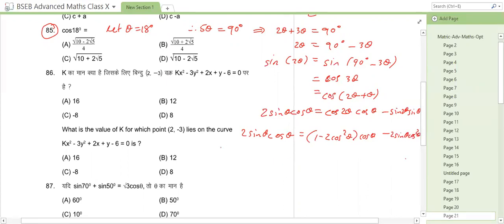So what we have is 2 sine theta cos theta is equal to cos theta minus 2 cos cubed theta minus 2 sine theta into (1 minus sine squared theta).